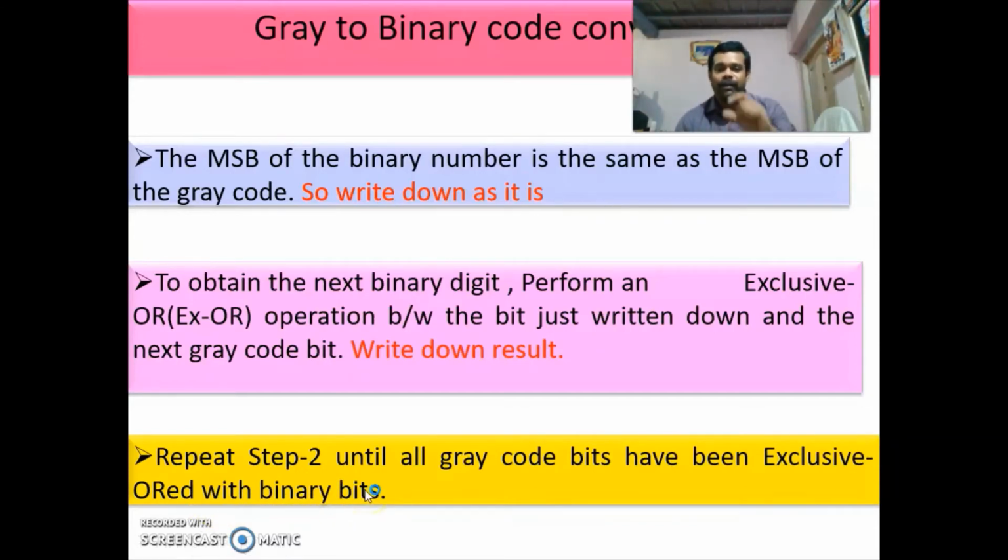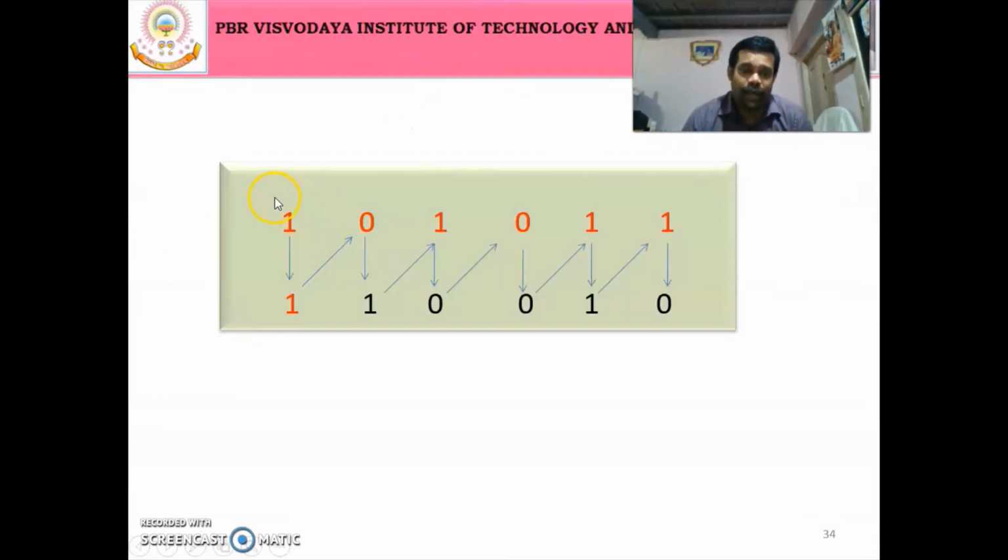While doing the problem, we will clearly understand what to do. We are going to convert gray to binary, and I will explain with an example. This is the gray number, and we are going to convert it to binary. First we write this MSB as it is.